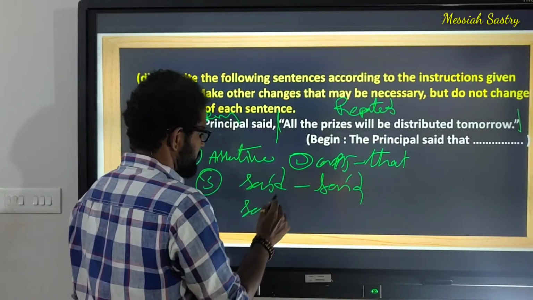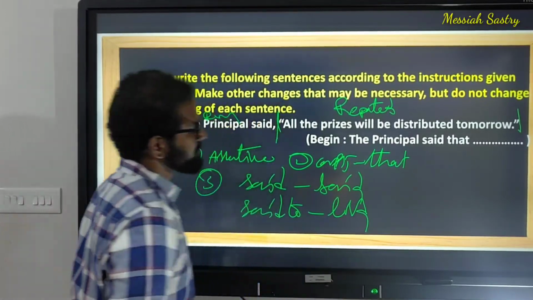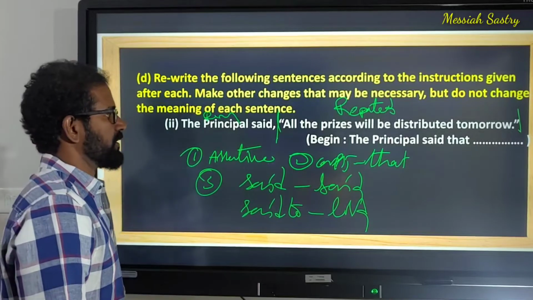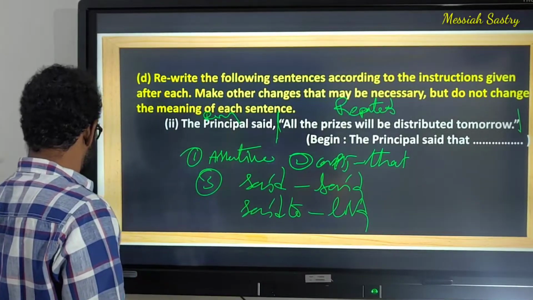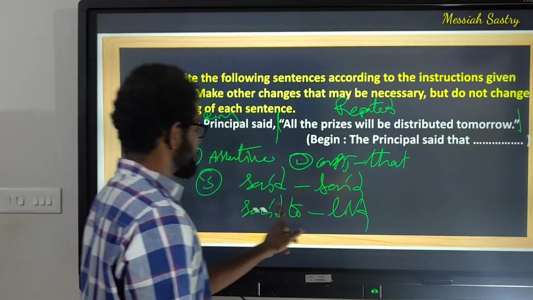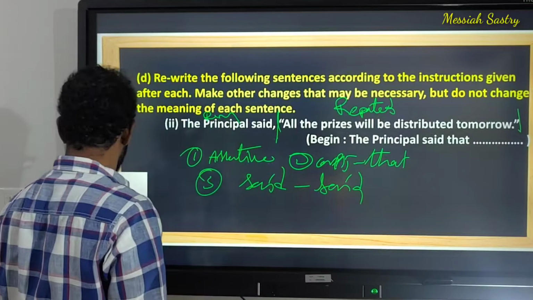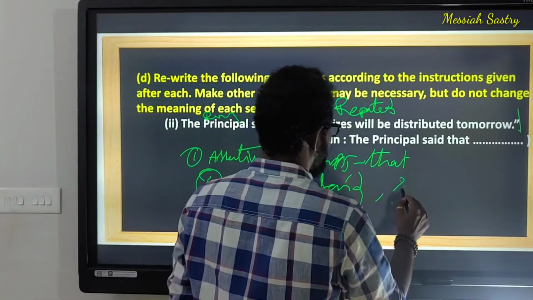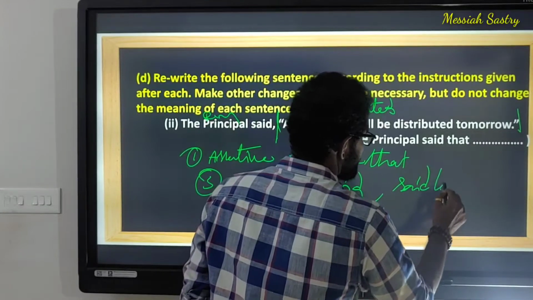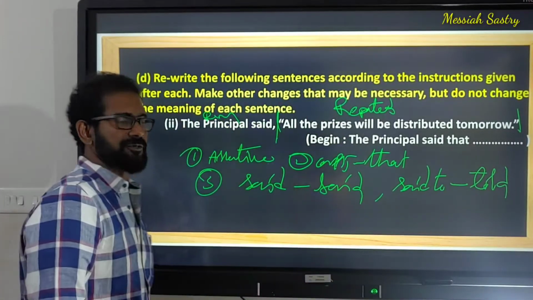If it is "said to," it becomes "told." Said to, told.